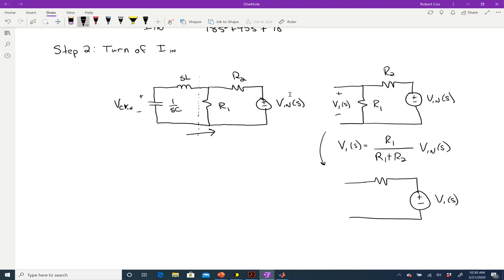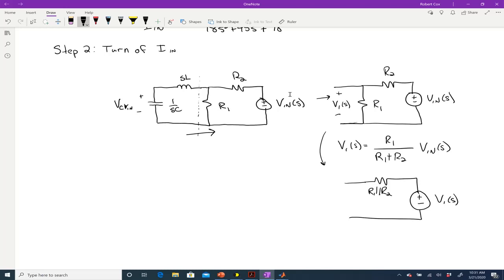That impedance would be the impedance that a current flowing into these terminals would flow through. A current here would go through the parallel combination of R1 and R2. So this is R1 in parallel with R2.